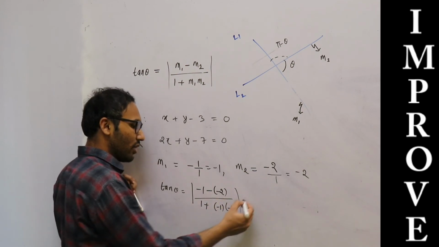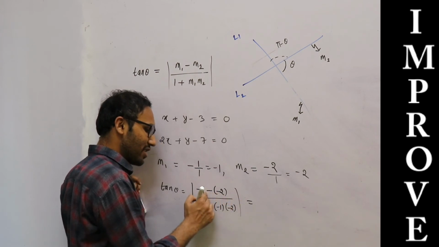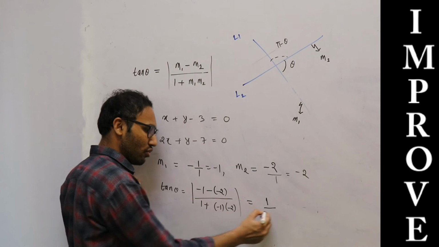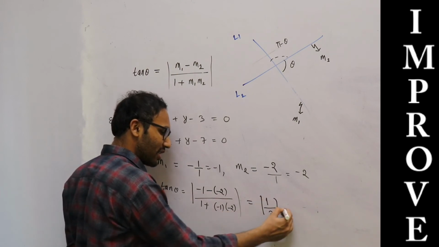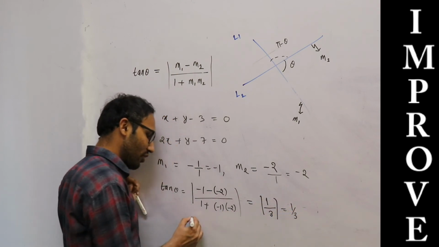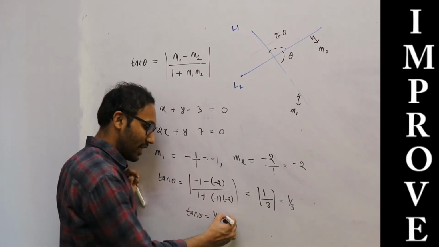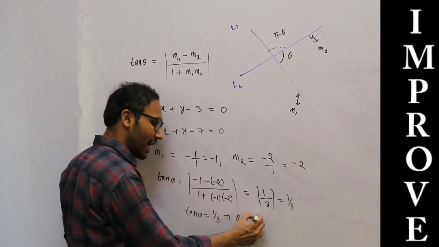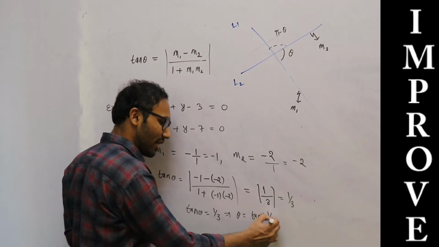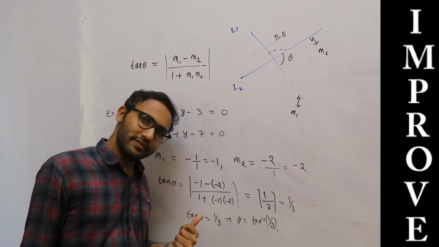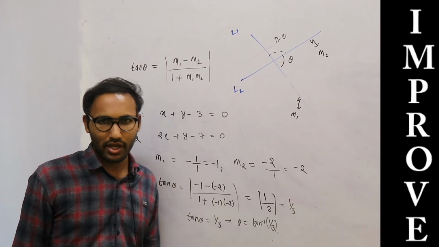If you calculate this, it becomes minus 1 plus 2, that is 1, upon 1 plus 2, that is 3. Mod of 1 by 3 is 1 by 3. So if tan theta is equal to 1 by 3, theta will be tan inverse 1 by 3. Okay, got it? This is how the formula works.